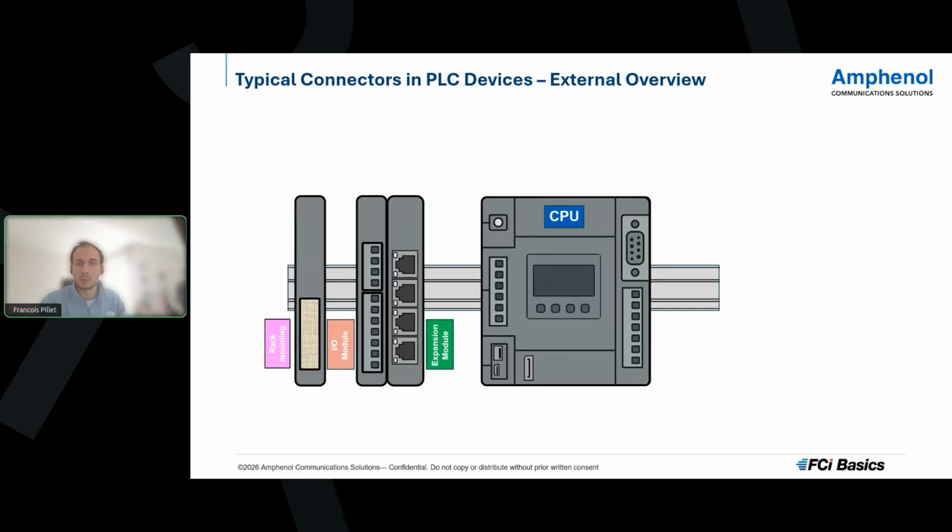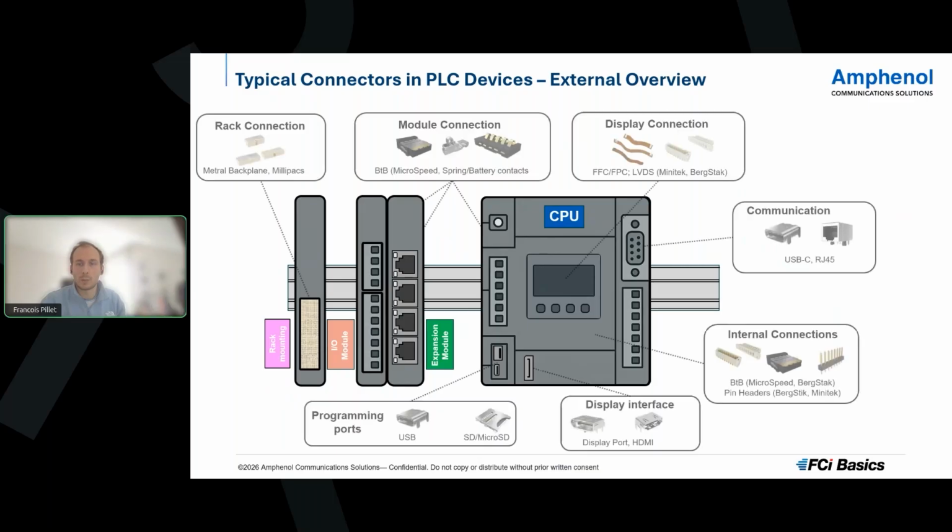Here are some of the technical basics components that you can come across in a PLC environment, starting with FFC FPC on display connectivity, HDMI connectors on the display interface, USB-C and RJ45 in communication connection, SD and micro SD connection for the programming ports, pin headers, board-to-board, wire-to-board solutions in internal connections, and Metral backplane type of connectors for the rack.